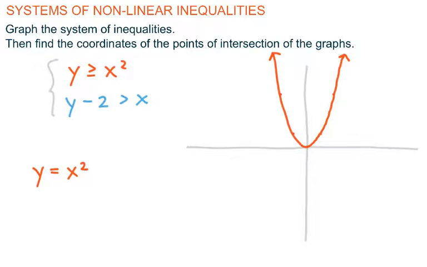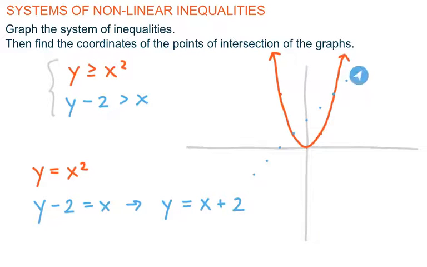For my other inequality, that's the same as y minus 2 equals x, or rather y equals x plus 2. So this is the graph of a line with a slope of positive 1 and a y-intercept of positive 2.